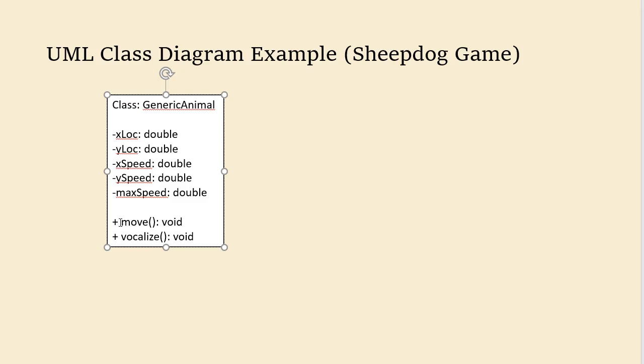Its return type is void. There really probably isn't a need for another method, but I put vocalize in there so the sheep can bleat and the dog can bark. And plus sign for public, vocalize, no input required. It doesn't have a return type, so it's void.